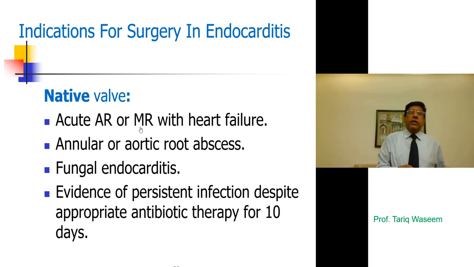As I said, acute development of aortic regurgitation or mitral regurgitation along with symptoms of heart failure will be an indication for surgery. Annular or aortic root abscess is dealt with surgically. Fungal endocarditis and persistent infection would be an indication for surgery.